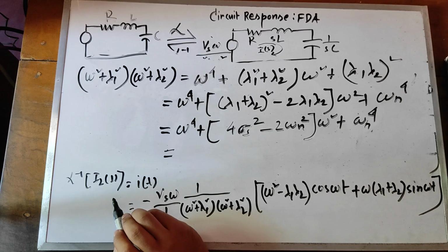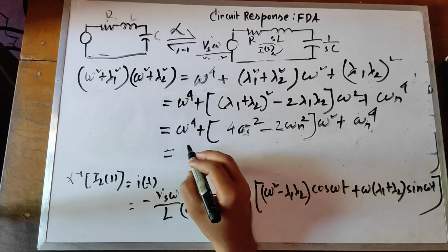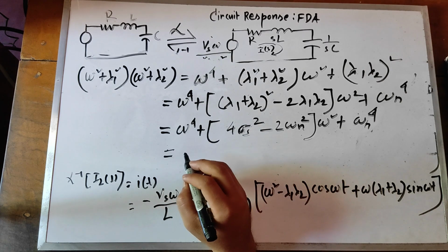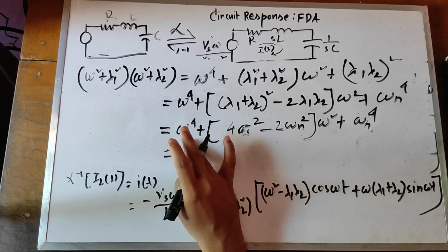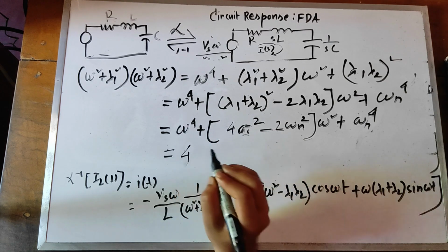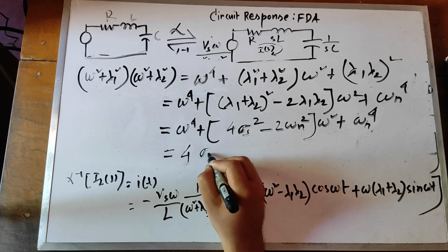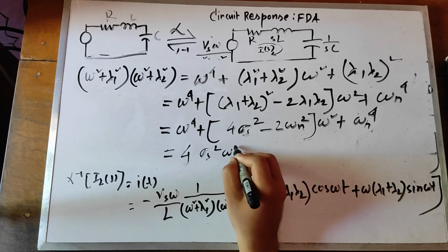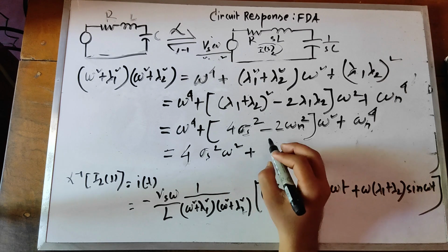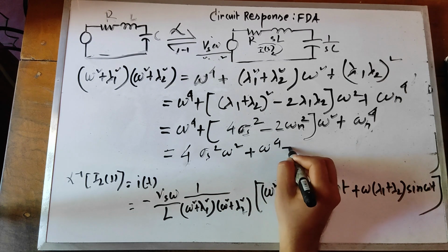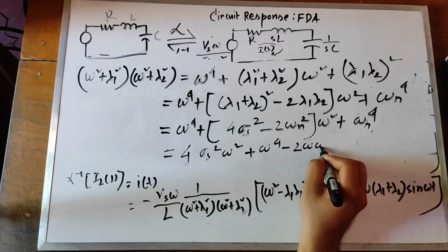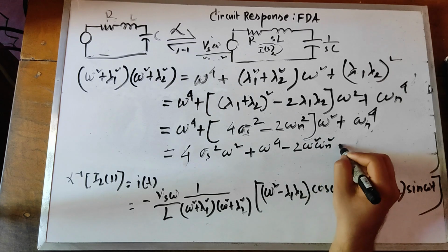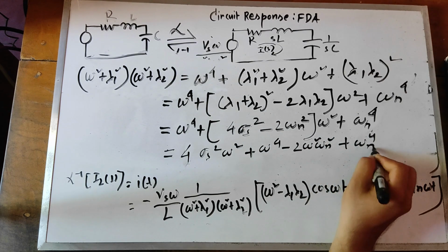So now if I rearrange this, this will give me 4 sigma s square omega square plus omega 4 minus 2 omega square omega n square plus omega 4n.